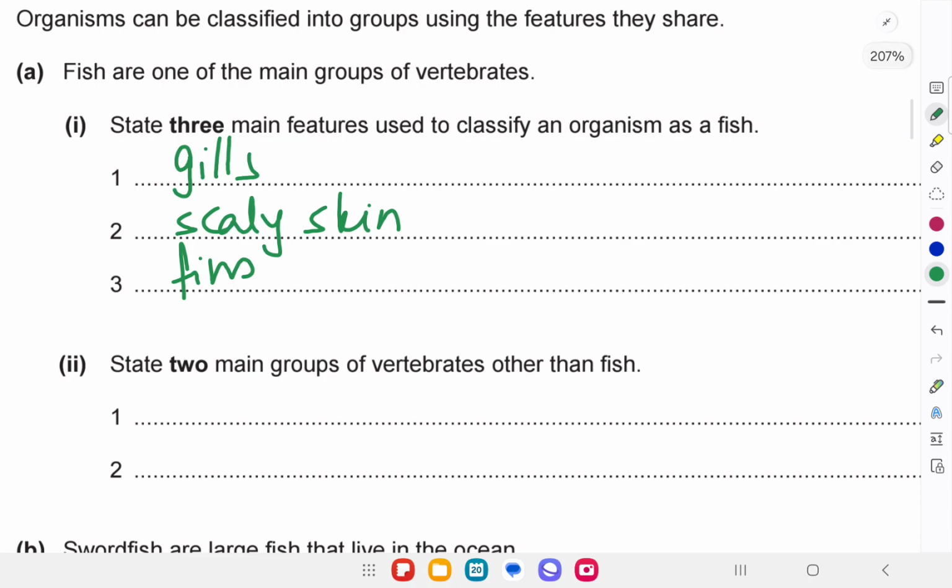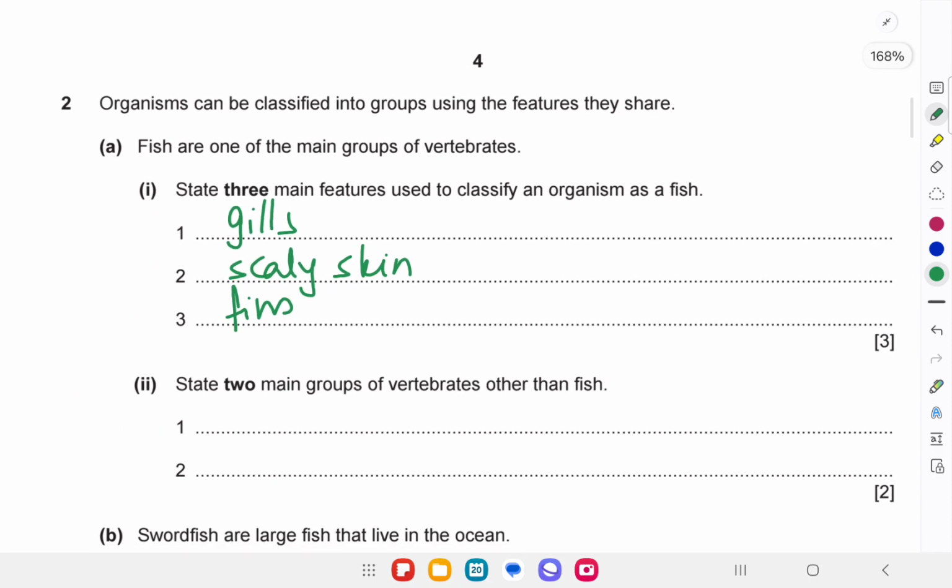You can also write they have eggs with no shell, or the eggs are surrounded by a jelly, or the fishes are cold-blooded organisms. So these may also be accepted, but the best answer would be gills, scaly skin, and fins.